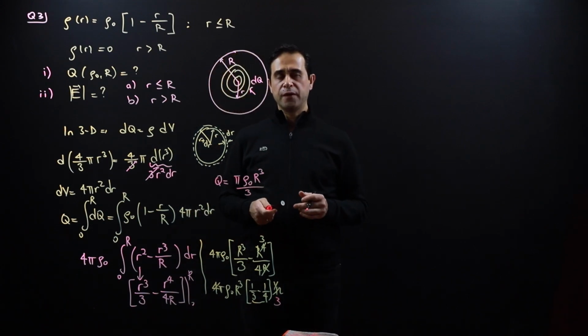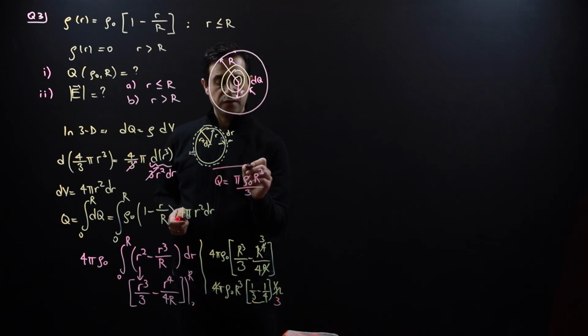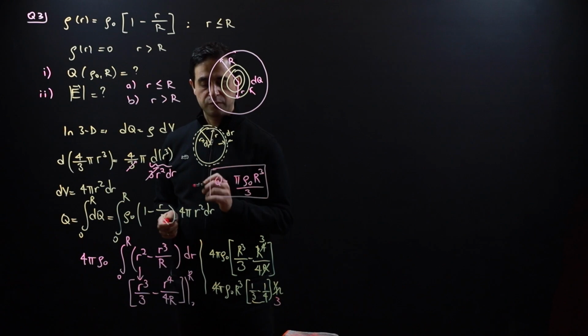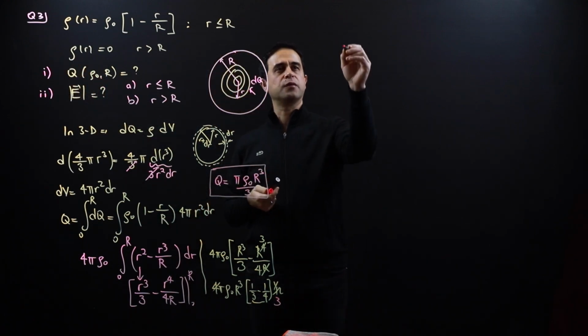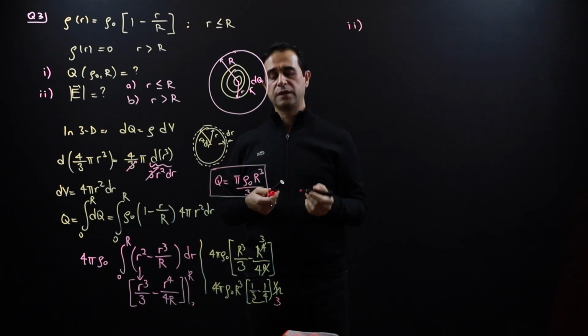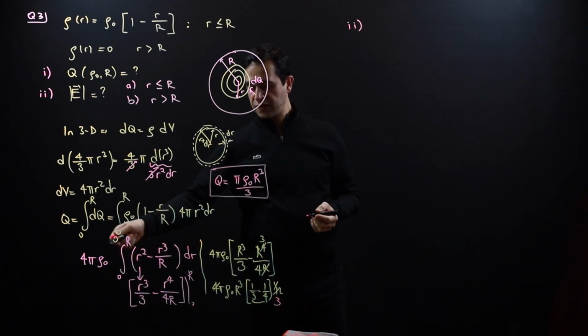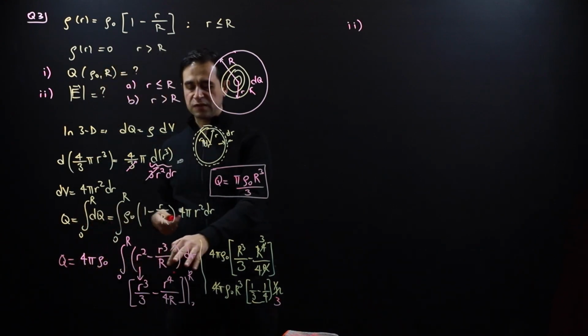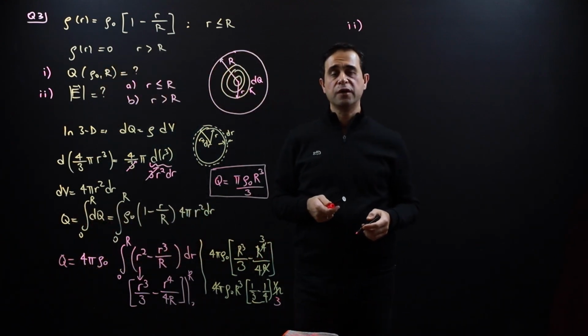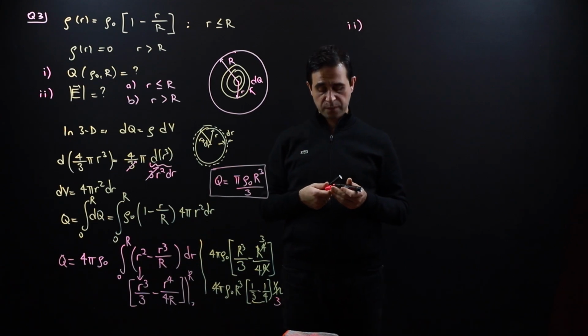Okay. That's the charge, and that's the first part of the question. Now the second part. And we will actually use this. So let's keep in mind, let me put Q in here, that this is the expression, and this will be useful for the second part of the question, as you will see.